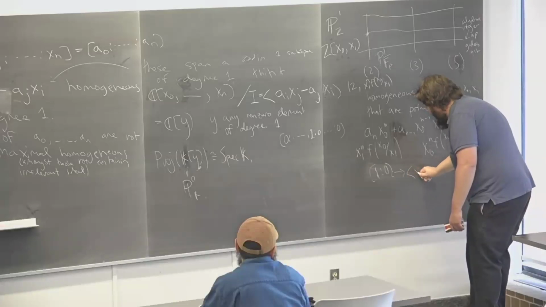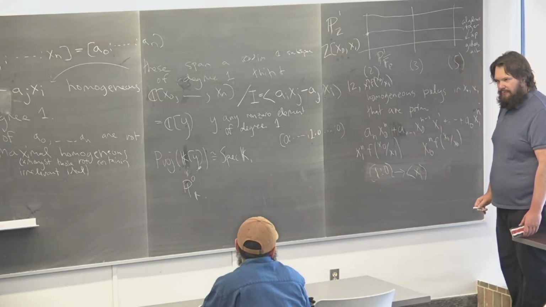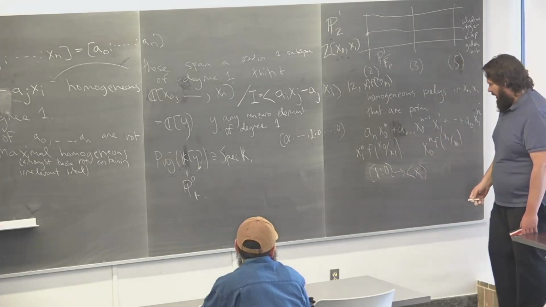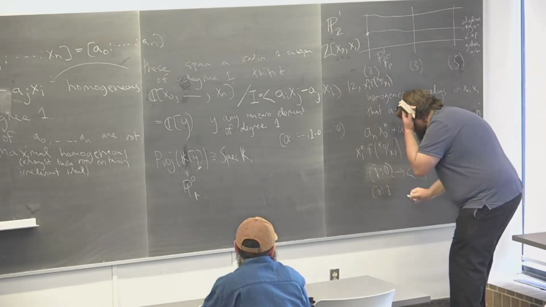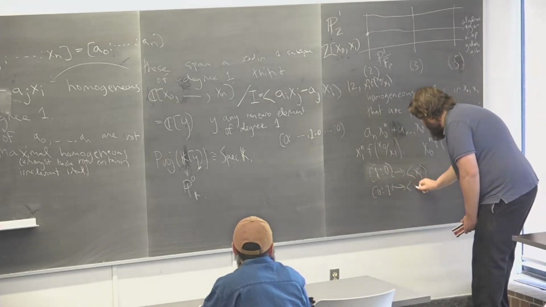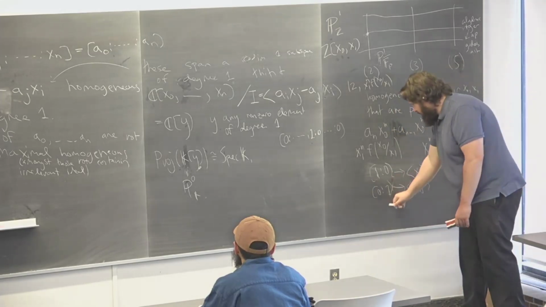This corresponds to the homogeneous ideal generated by x1. To specify this point, I just have to tell you that x1 is 0. And (0, 1) corresponds to the homogeneous ideal generated by x0.